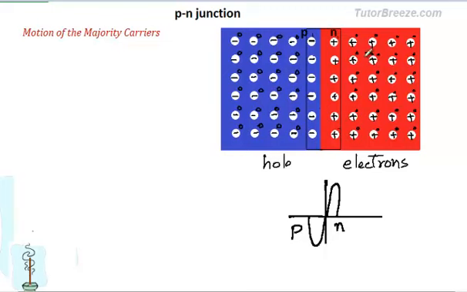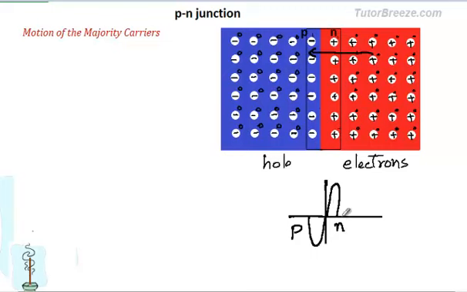Now when more electrons try to diffuse across the junction, then this layer of negative charges which is present on the p side repel them and oppose further diffusion. So now there is some kind of a barrier, and this prevents further diffusion of electrons to take place.